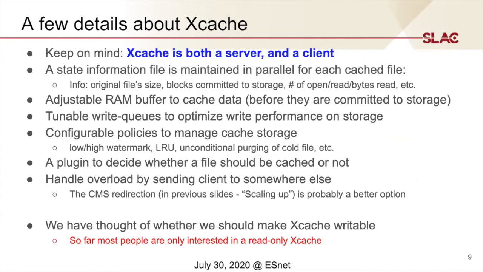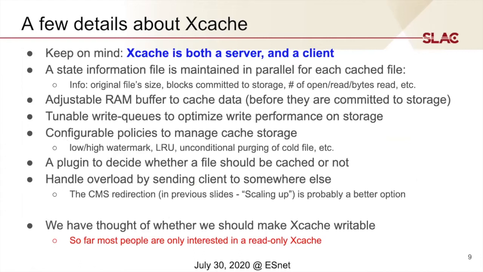So a few details about Xcache. Before we go there, I want to keep reminding people that from the client's point of view, Xcache is a server, but Xcache itself is a client. It's a client to fetch data from the remote data source.